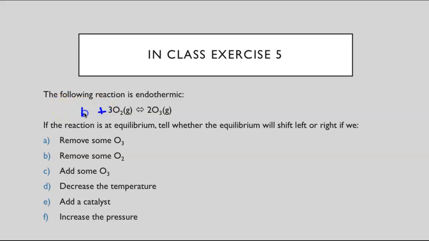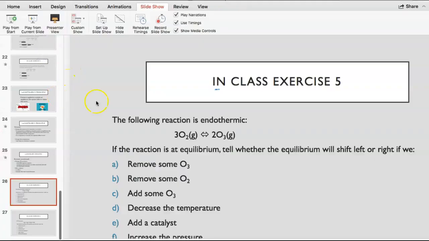Okay, so we're going to add heat to this side, except I'm not very good at doing it that way, so I'm going to type it in because it'll be easier to do that way. All right, so I'm going to add heat.